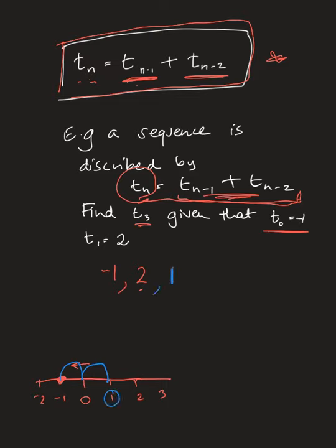The next one is going to be 1. This is T0, that's T1, that's T2. I've been asked to find T3, so the next term is 2 plus 1, which is 3. So T3 is 3. And then to continue the pattern, 1 plus 3 is 4, 4 plus 3 is 7, and so on and so forth.